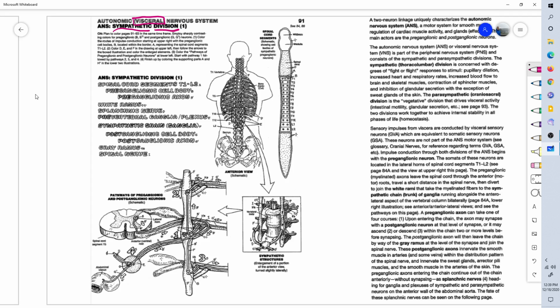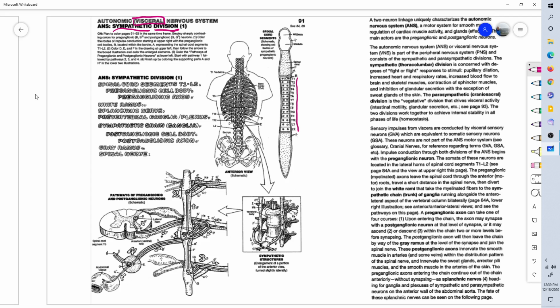Well, in the area of the spinal cord from the thoracic area, T1, all the way down to L2. This is where the cell bodies of the autonomic nervous system, the sympathetic portion, arise.